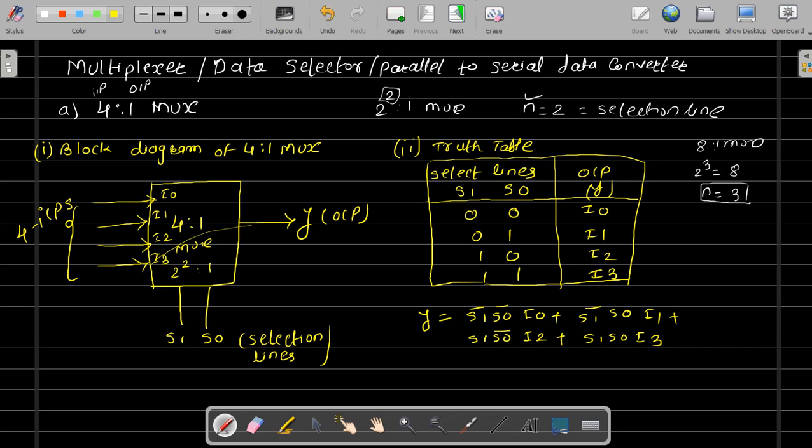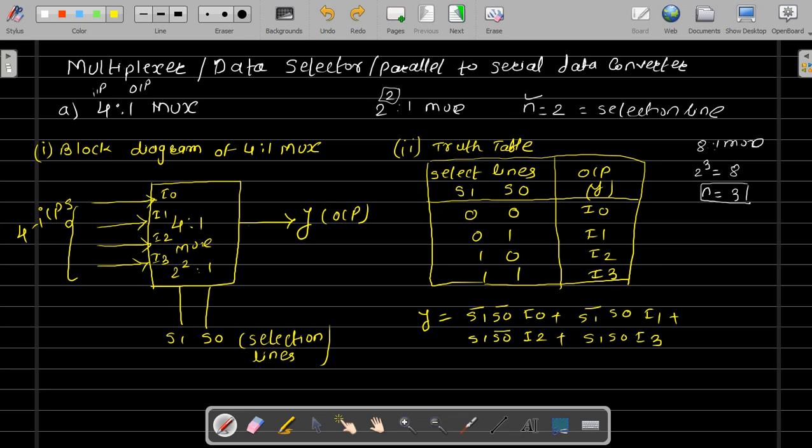You can see in the figure, at 1 1, I3 got selected. When I want I1 selected, my selection lines should be 0 1, and when I want I0 selected, my selection lines should be 0 0. So when S1 and S0 are 0 0, I0 will be selected. When S1 and S0 are 0 1, I1 will be selected, when 1 0, then I2, and in the same way when 1 1 is given, you get I3 selected at the output side.